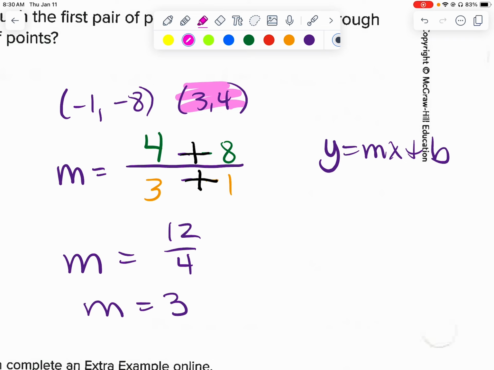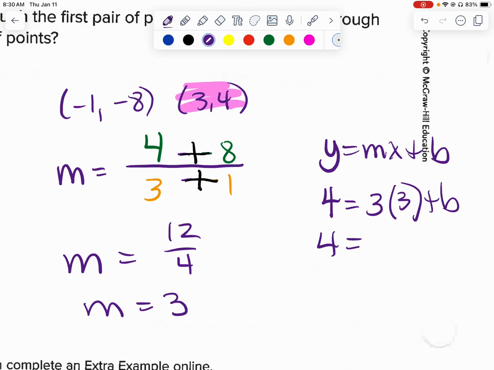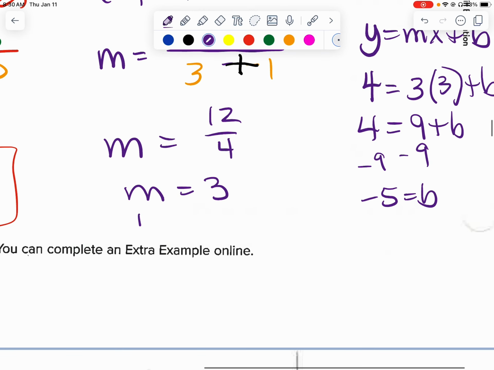I'm going to replace y with 4. My slope is 3, my x is 3, plus b. So 4 equals 9 plus b. Subtract my 9, I get negative 5 is equal to b.